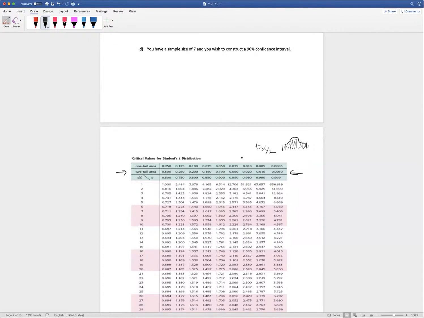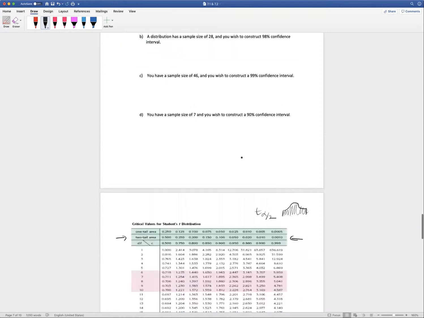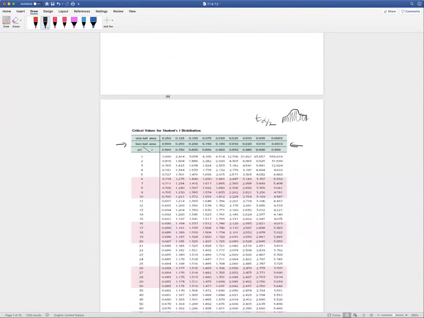So let's talk about how to find these values. We're looking at a sample size of 12 and we want to be 95% confident. I'm going to write that down to remind myself. We're going to use this column to help us with the sample size.